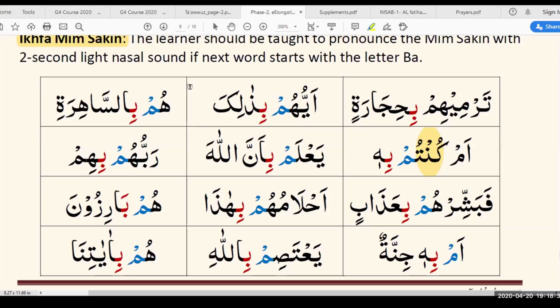You can also write down that there are 2 types of idgham, one with ghunna sound, one without. So without ghunna is ra, lam, mim, and noon, and with ghunna sound is waw and ya.